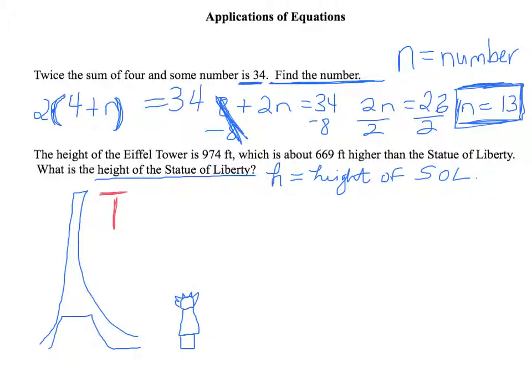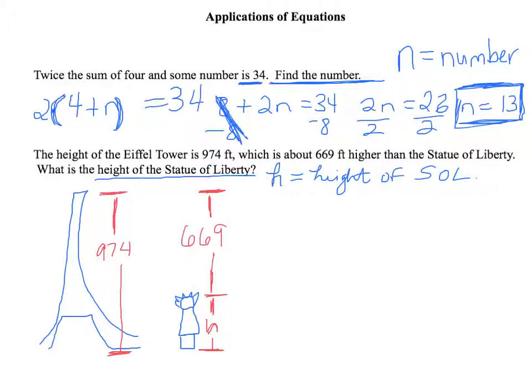So from here to here is 974 feet. The height of the Statue of Liberty, I don't know. So I'm just going to let h represent that. But I know that from here to here is a space of 669 feet because the Eiffel Tower is 669 feet higher than the Statue of Liberty.